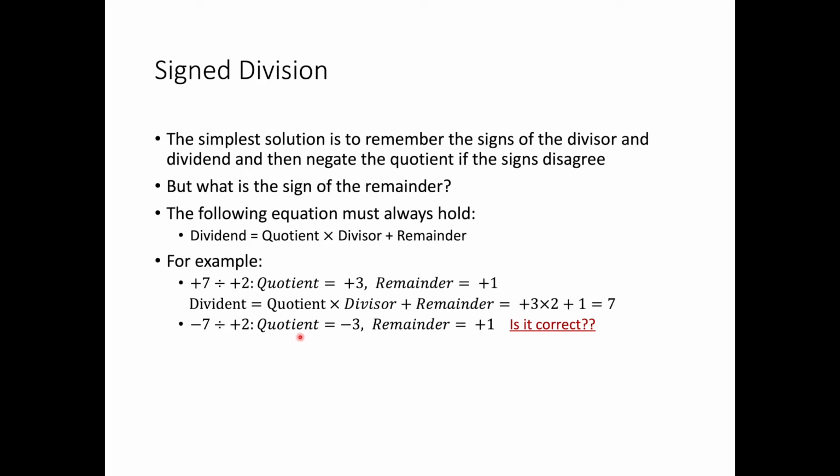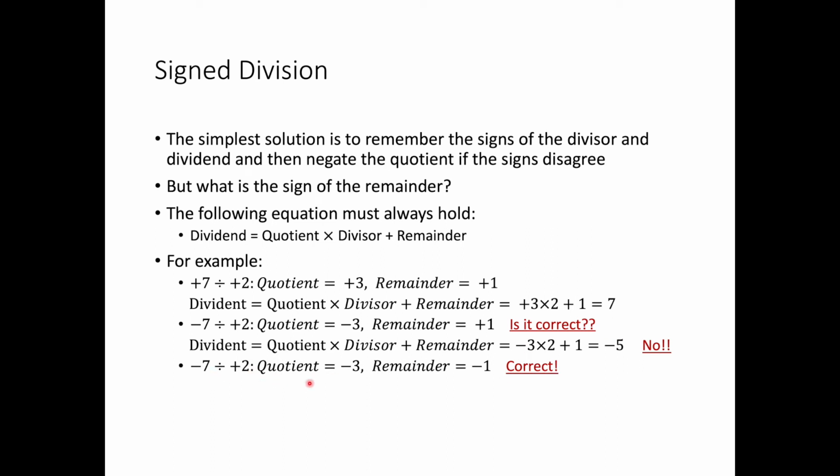For example, if the quotient is -3 and the remainder is +1, is this correct? We can apply those to this equation. Then we get -3 times 2 plus 1, and the result is -5. This is not correct, right? The result should be -7, but instead we get -5.